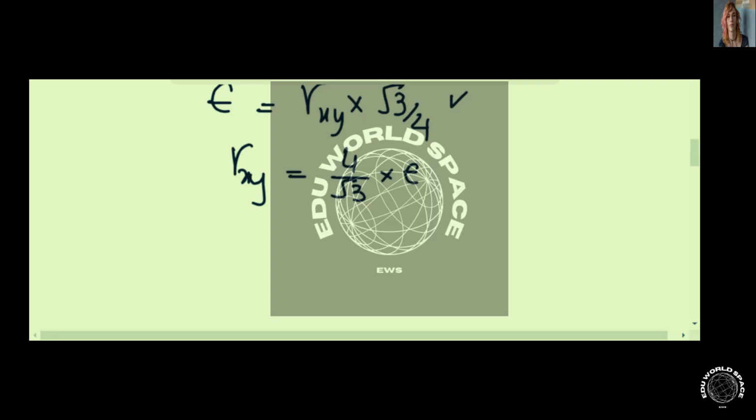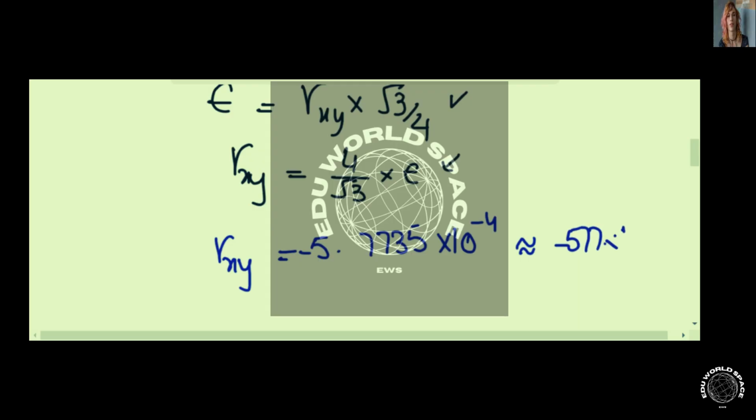We have the value for everything, so we plug it in, and we get negative 5.7735 into 10 raised to power negative 4. That is approximately equal to negative 577 into 10 raised to power negative 6.